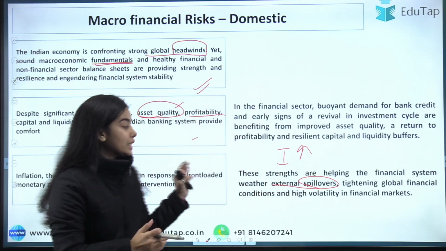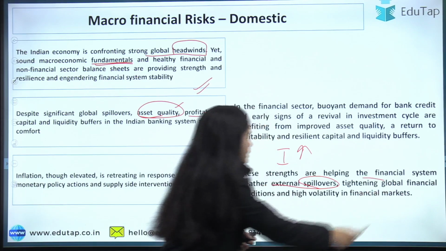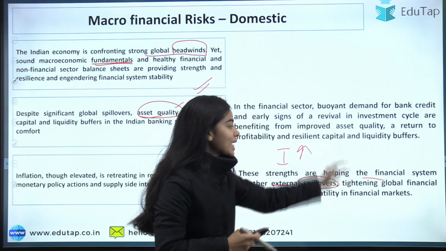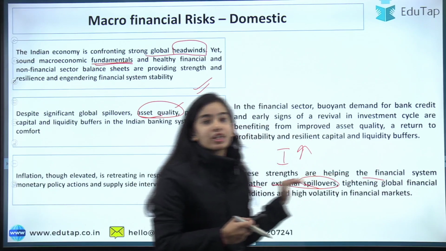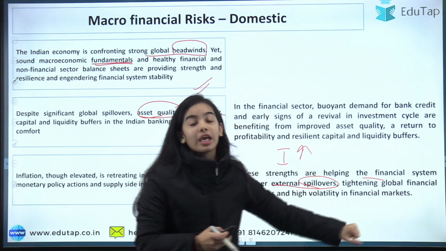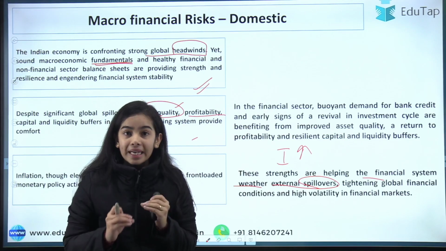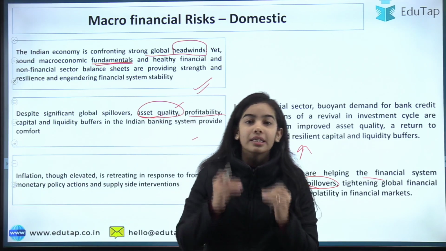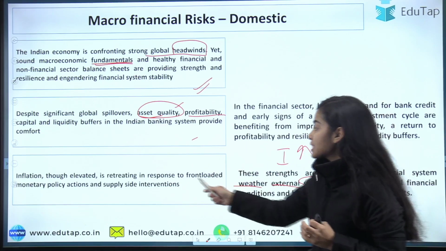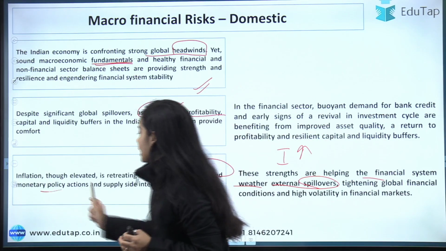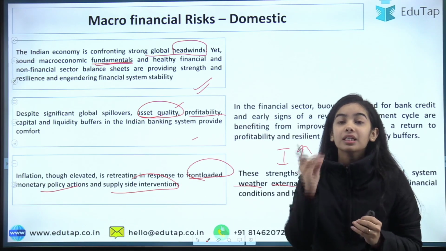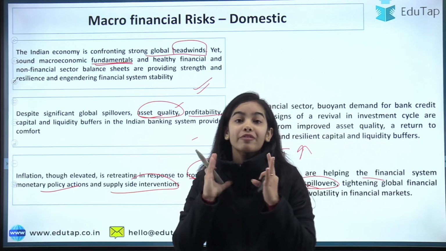These trends are helping the financial system withstand the external spillovers, the tightening in the global financial markets, and the high volatility in the financial markets. So the good fundamentals that we have, that is the good asset quality, the good profitability, the good buffers that we are keeping, as well as the steps taken by the monetary authority and the government, are the things that are keeping the Indian financial system good.